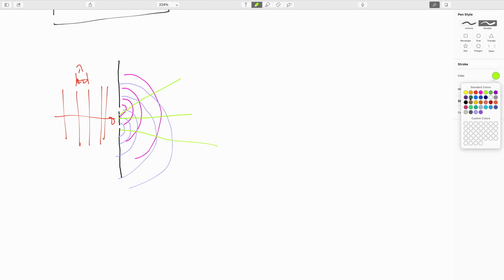And then if you put this on a screen, or actually you don't even need to, you can just look through the slits and use the retina of your eye itself as the screen. What you'll see is something that looks like this. Here I shined red light through a pair of closely spaced slits, and the camera is just looking right through the slits, so the interference pattern is being made on the CCD array.